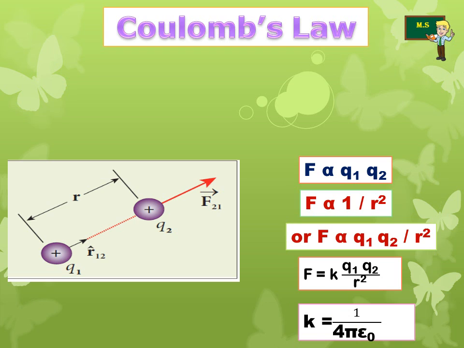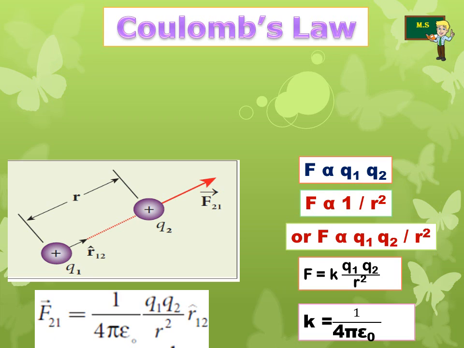The equation for F shows that F is equal to 1 by 4 pi epsilon naught, q1 q2 divided by r square. For vector notation we use r cap here.